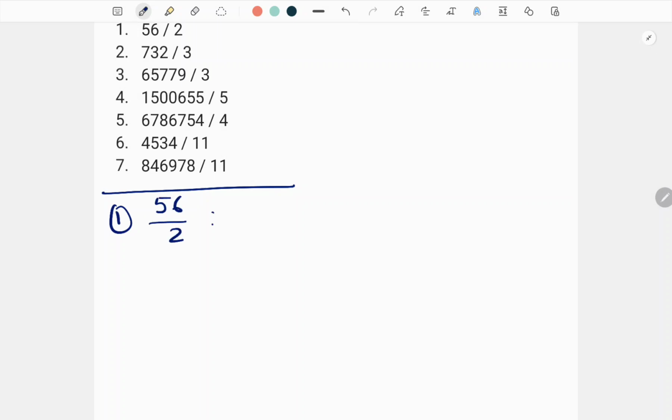So we need to know the rule of divisibility of 2. A number is divisible by 2 if it ends in an even number.